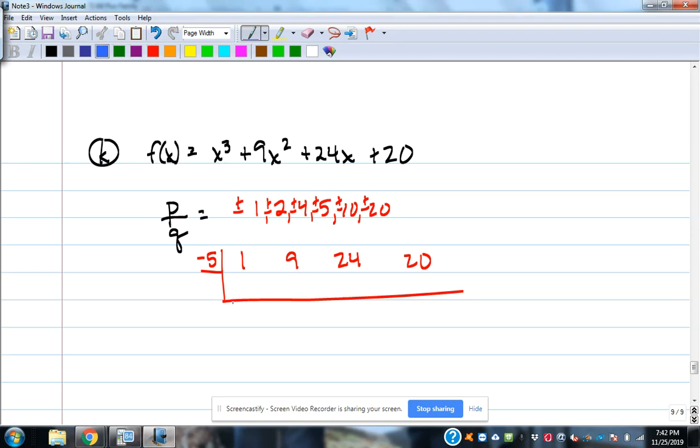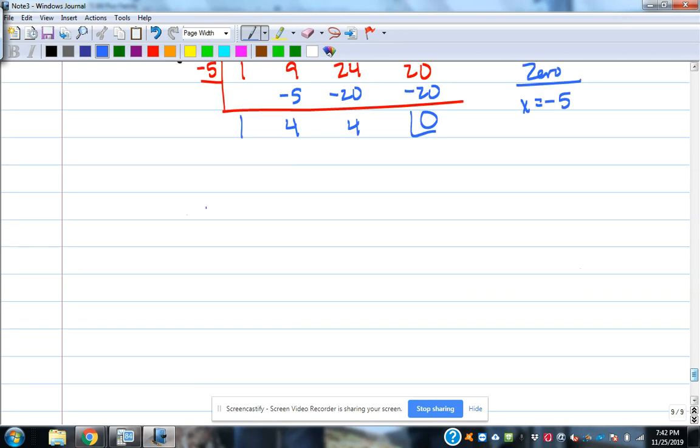So I'm going to drop that 1 and go to work. And there's the 0 in the remainder, just like I wanted. And I've got -5 as a 0. What I've got left is a quadratic.